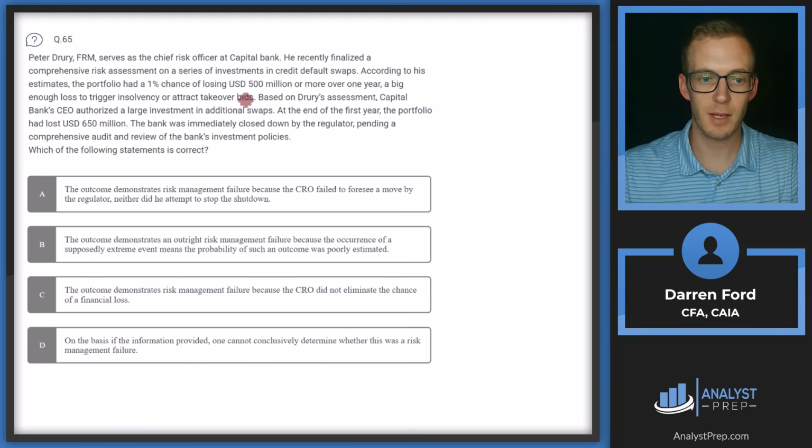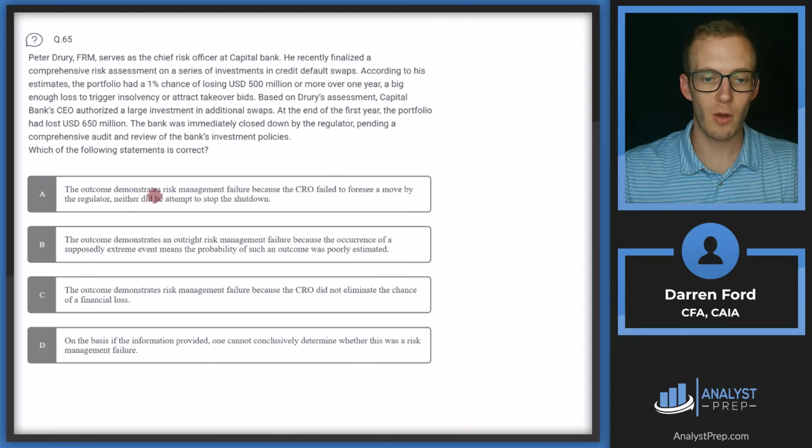Based on Drury's assessment, Capital Bank's CEO authorized a large investment in additional swaps. At the end of the first year, the portfolio had lost USD 650 million. The bank was immediately closed down by the regulator, pending a comprehensive audit and review of the bank's investment policies. Which of the following statements is correct?